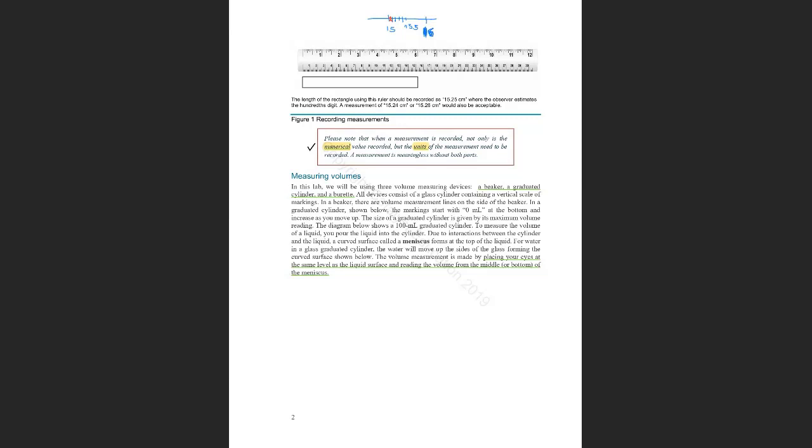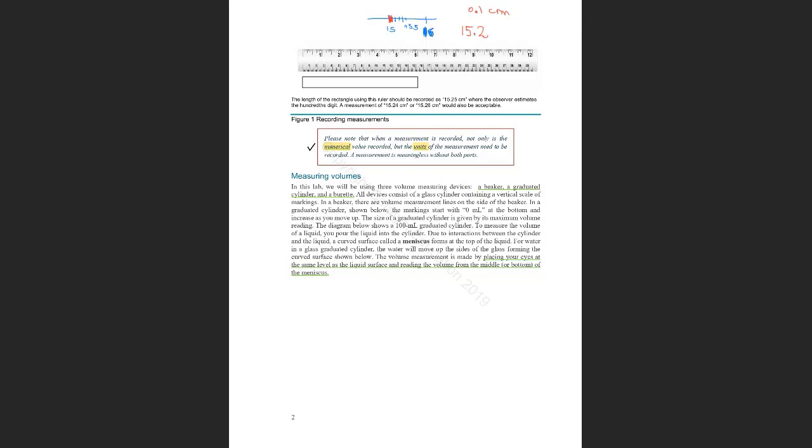First thing we do, we look at the closest markings, and we look here at this closest marking between two lines that I cannot see that well in here, and the closest marking represents 0.1 centimeter.